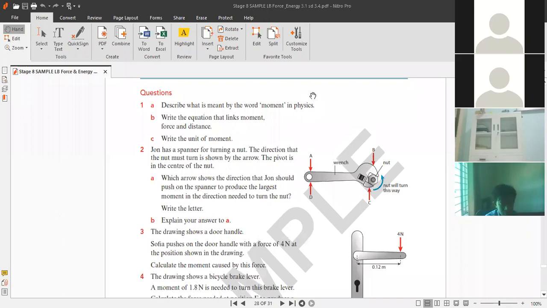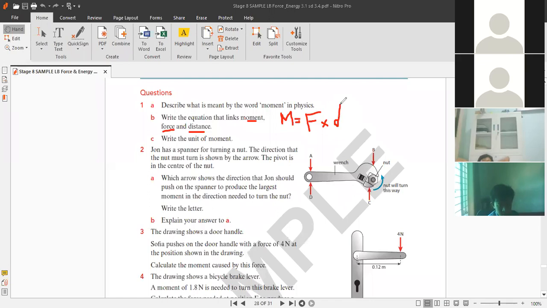Say, Mas, the equation that links moment, force, and distance. Please say and I write the equation. Moment equals force multiplied by distance. Okay, very good.